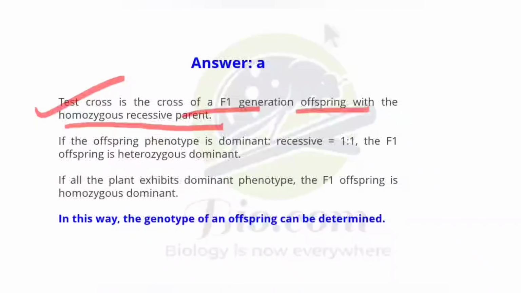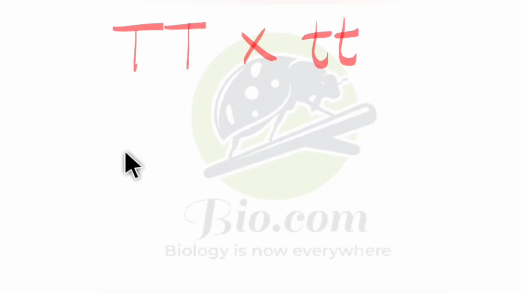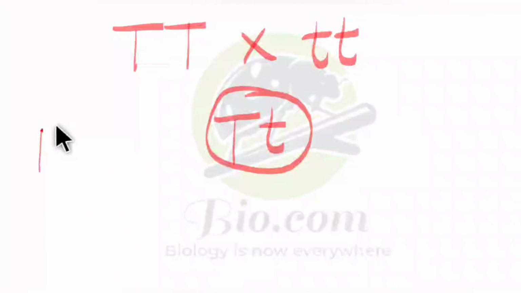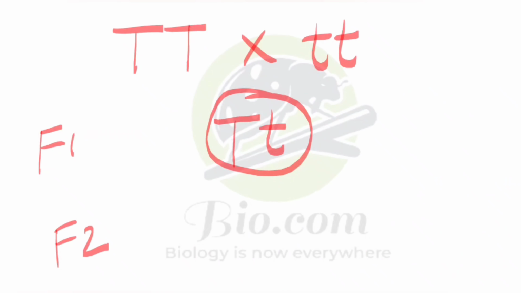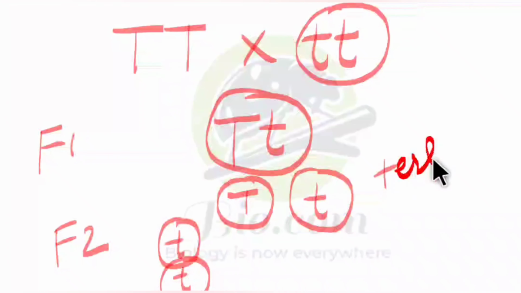It means, suppose you are performing a cross between homozygous tall and homozygous dwarf. So you will get capital T and small t in the F1 generation. Then in the F2, if you will cross this capital T and small t with the recessive parent, that is small t and small t, then this type of cross is known as a test cross.